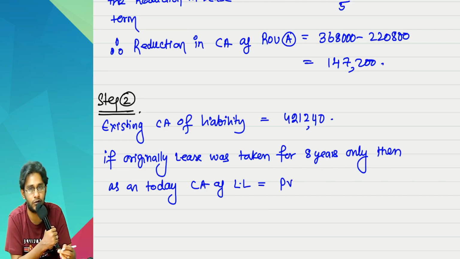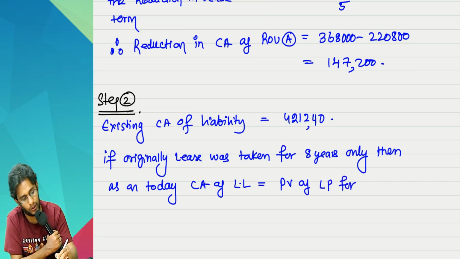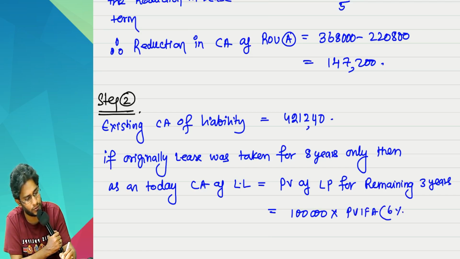You can use the table, or smart work also you can do. Present value of lease payments for the remaining how many years? 3 years. The original payment is how much, sir? 1 lakh. 1 lakh into PVIFA, what is the discounting rate? First day used 6%. Remaining period is 3 years.